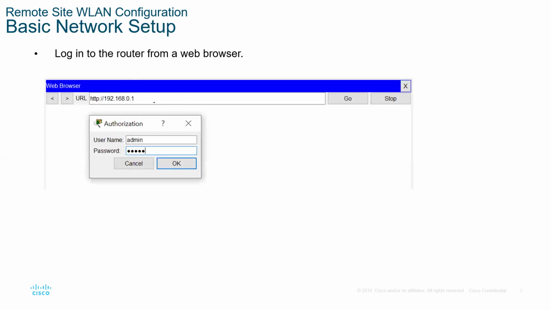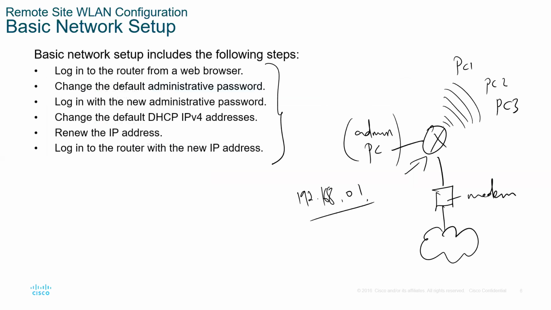All right, logging in to the router. There's an IP address here for gaining access. You enter the username and the password. These are all defaults, by the way. Almost every router has default passwords. The reason why we are going to be changing them, as you can see, is these two points: change the default administrative password.